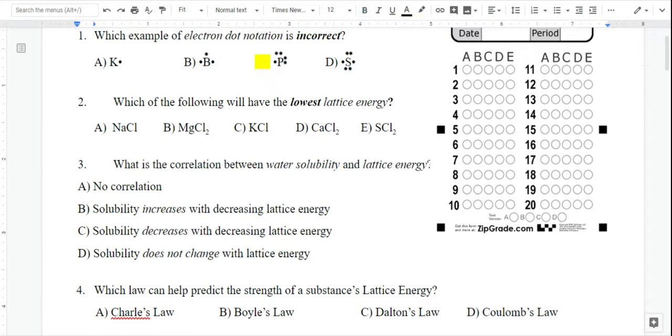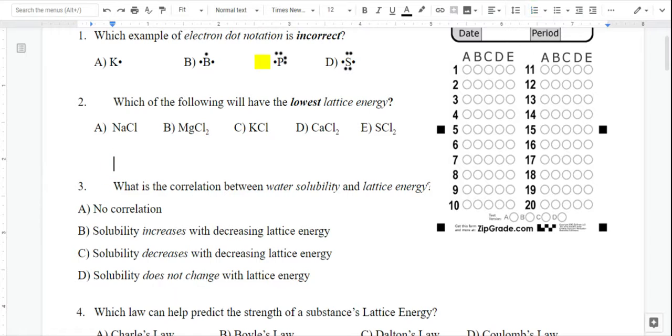Lattice energy looks at how strongly the positive and negative charges are attracting one another. So how strong is positive to negative? There are two contributing factors.